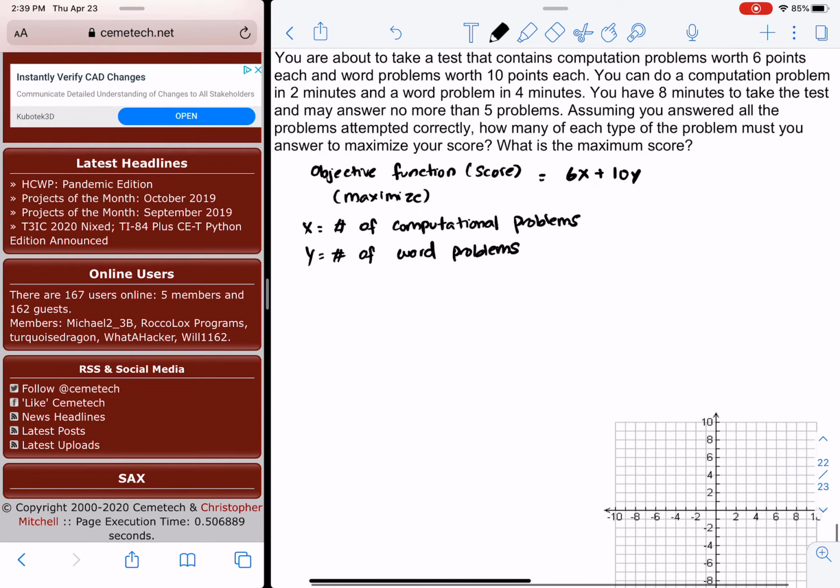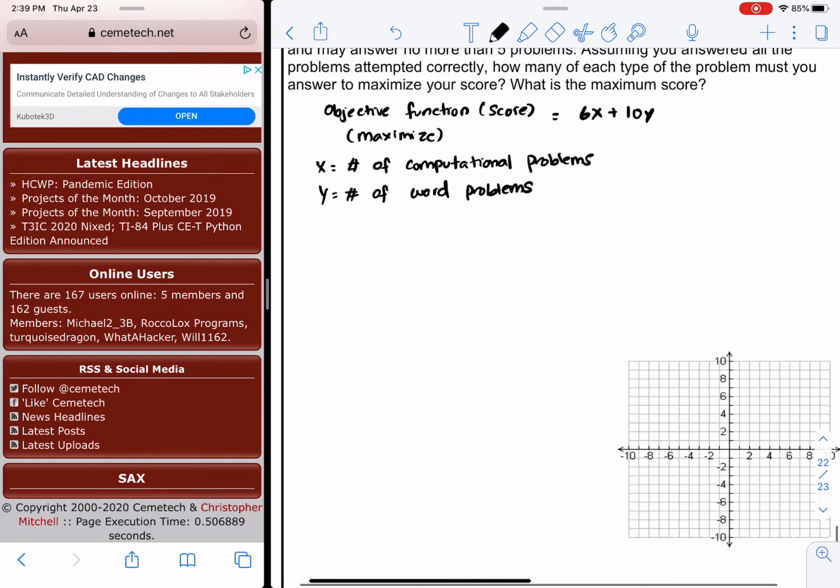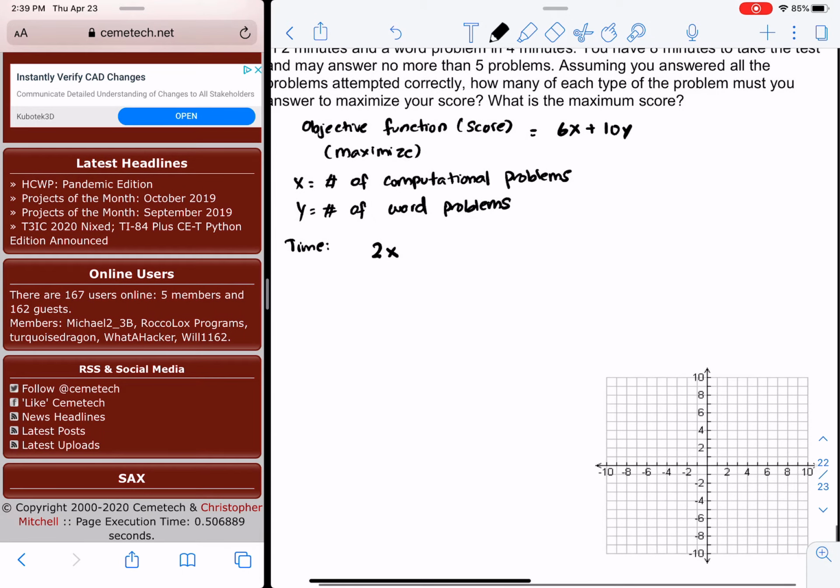Now, there is the first constraint that you can do a computational problem in 2 minutes and a word problem in 4 minutes, and you have 8 minutes to take the test. So the time constraint is 2 minutes per computational problem, so 2x, 4 minutes per word problem, 4y. The total time is 2x plus 4y, and it has to be less than or equal to 8.